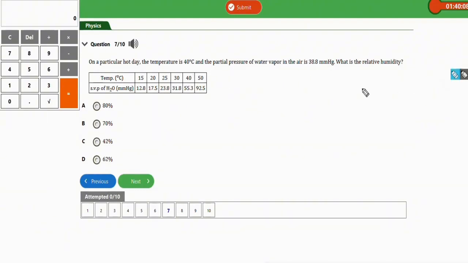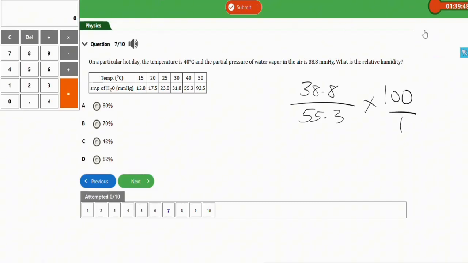So this will give us 38.8 over that at room temperature at 40 degrees Celsius, which is 55.3, times 100 over 1. So that's basically all you have to do.